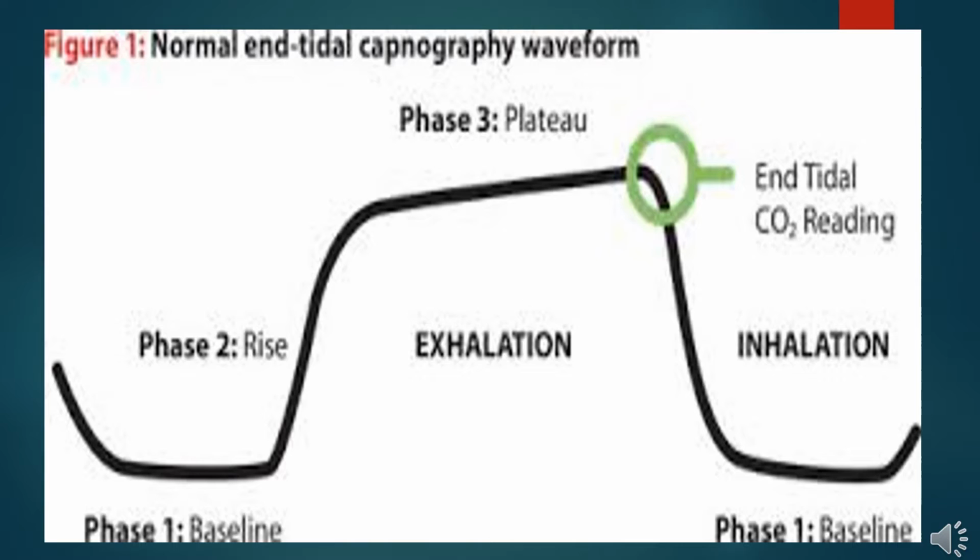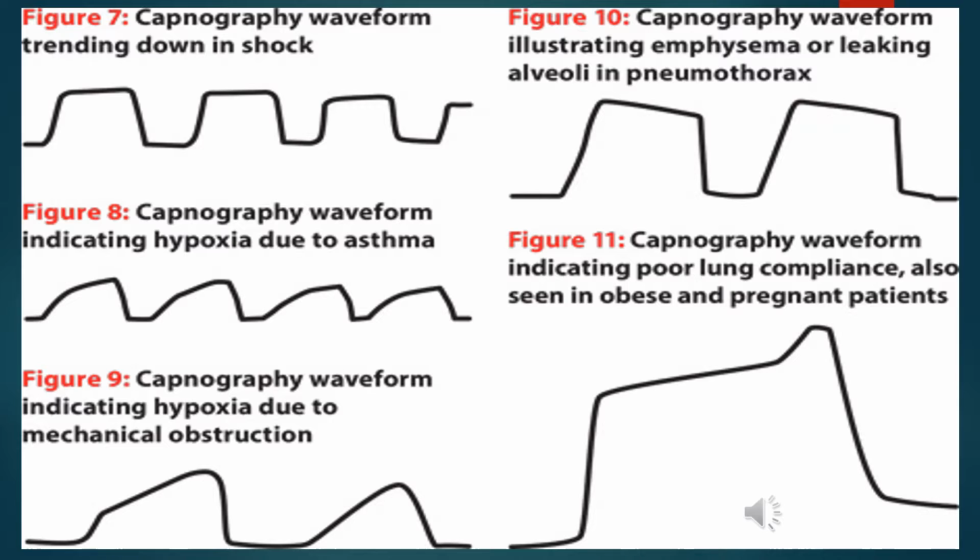As phase 2 rolls into phase 3 on the exhalation phase, the very end reading is what we're measuring when you get the number for end-tidal CO2. Then that decelerates back to baseline when the patient begins their inhalation phase, because there's no detection of CO2. So this is what a typical waveform should look like over and over. It should look like this whenever you're monitoring a patient.